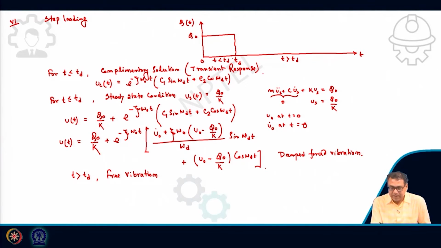That means from this equation, the damped forced vibration equation that I have developed, you put T equal to Td, and that will be equal to the initial condition for the T greater than Td case. Clear?